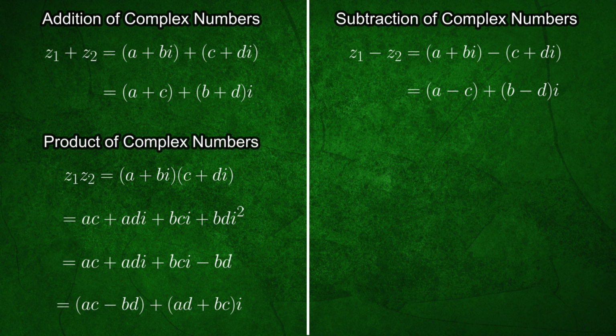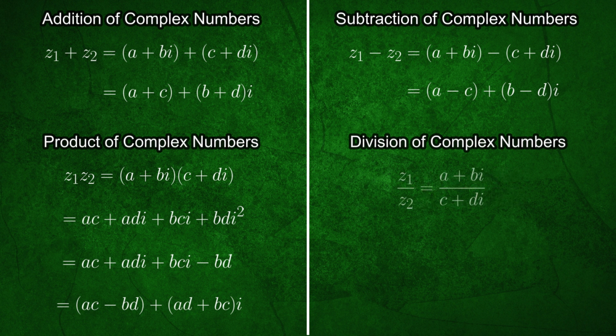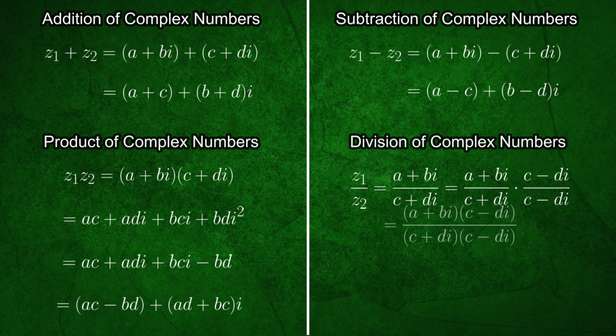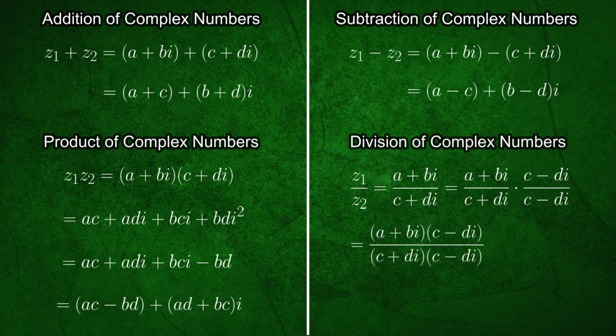Now, division of complex numbers, a plus bi divided by c plus di, is performed by multiplying and dividing by the conjugate of the denominator, meaning a plus bi divided by c plus di times c minus di divided by c minus di.